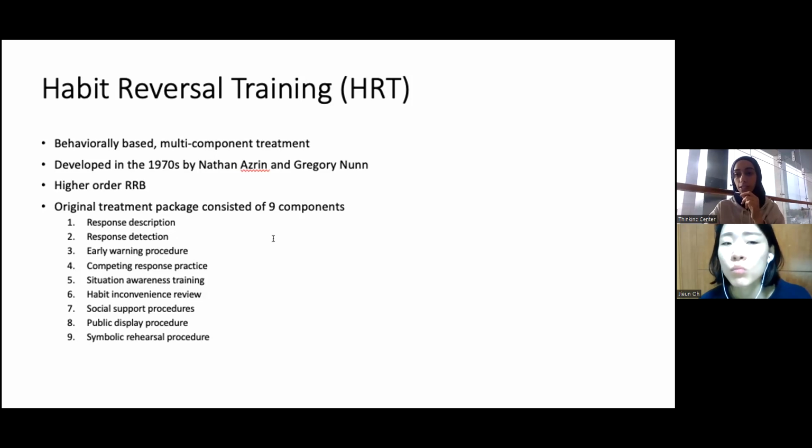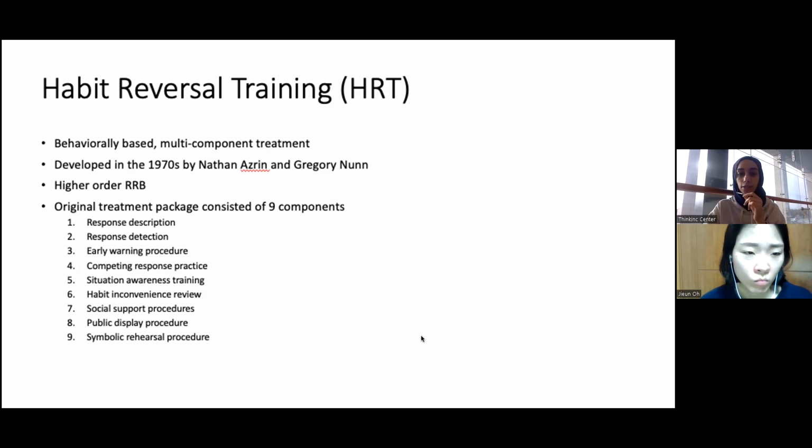The client or the patient has to describe the behavior, kind of like an operational definition of the behavior they are demonstrating. That's the target behavior they want to reduce, right? For example, saying a certain phrase repeatedly. The second component is that the client has to be able to detect the behavior. So once they do it, they recognize, that was the behavior I'm hoping to reduce.